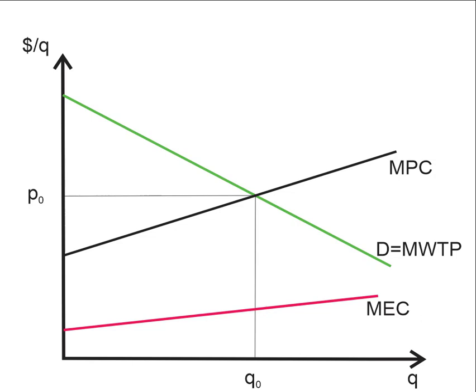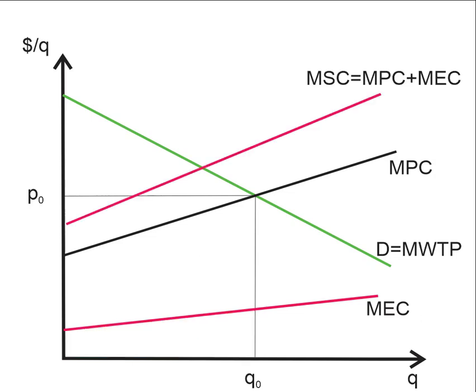They suffer those costs whether the good is produced or not, and they have no control over it. That is, if quantity Q0 is produced, then they are going to suffer damages equal to the area under the marginal external cost curve, equal to that red area there.